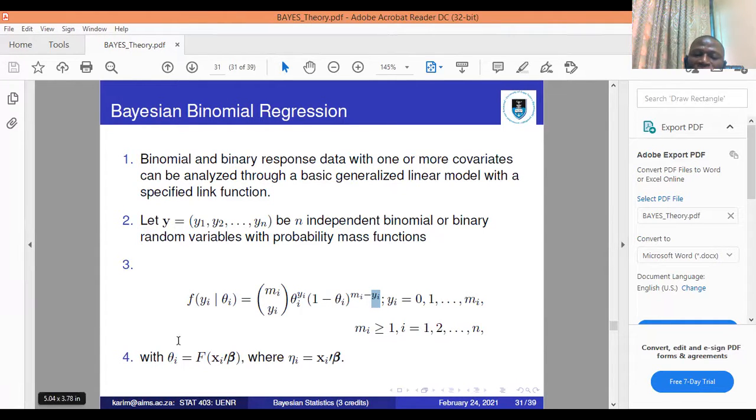So if we have our probability of success, which is theta, to be a function of the covariate and the vector of parameters describing the covariate, then we can represent what we have inside the bracket here with eta, just like we saw yesterday.